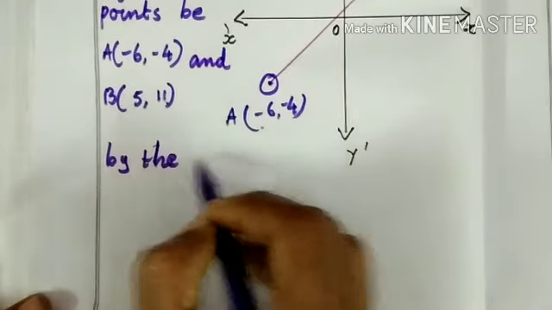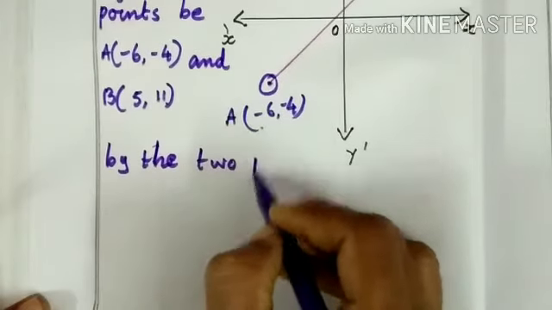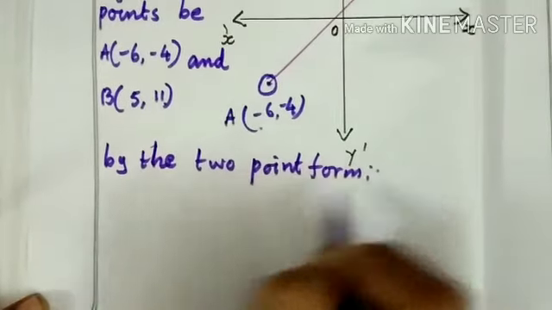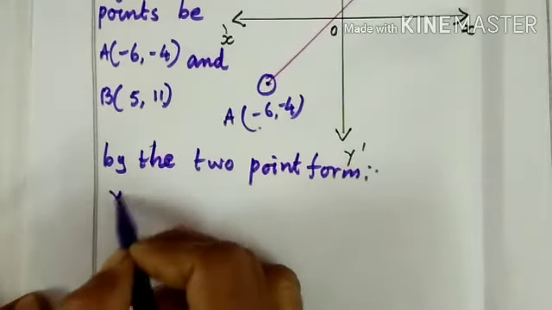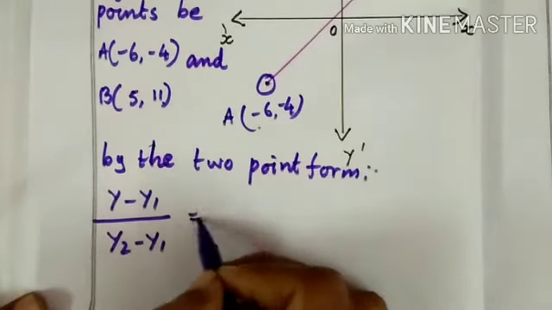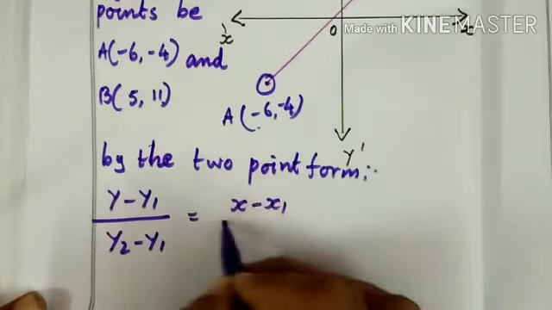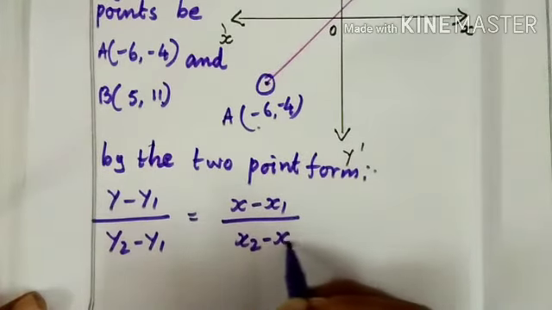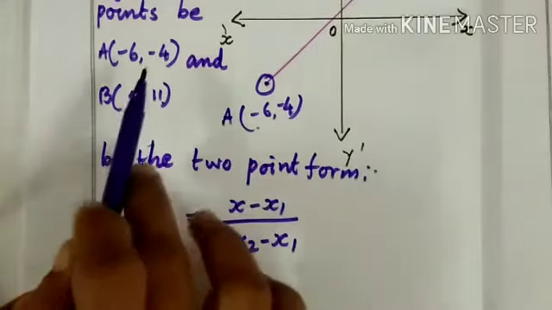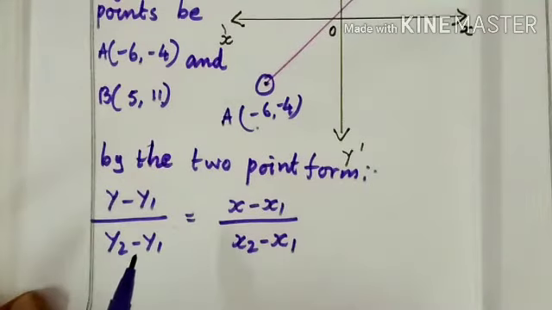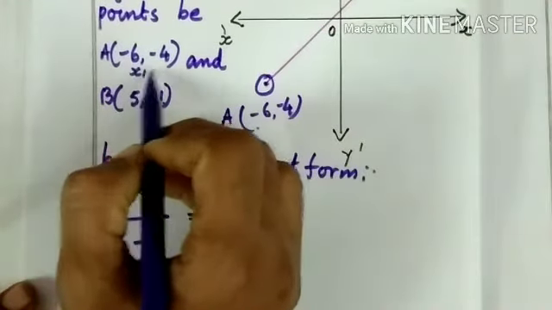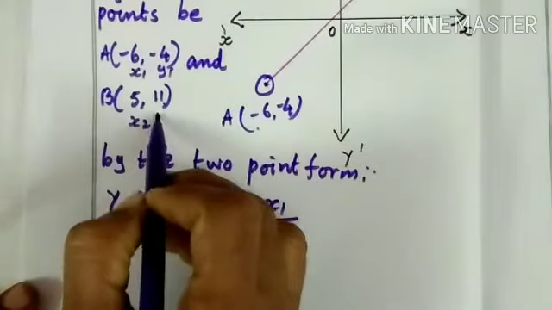By the 2-point form, the equation of the straight line is y minus y1 by y2 minus y1 is equal to x minus x1 by x2 minus x1. Now, you have to apply these points in this formula, means we get the equation of the straight line. Let us assume this point x1, y1, x2, y2.